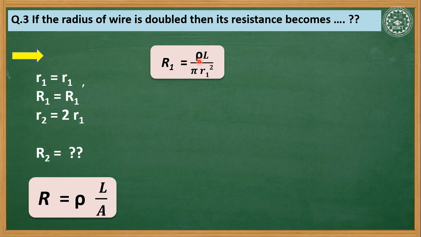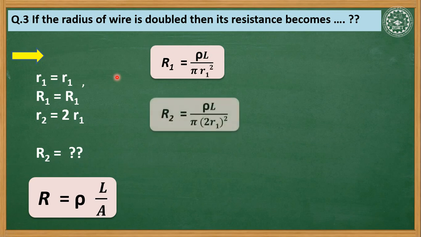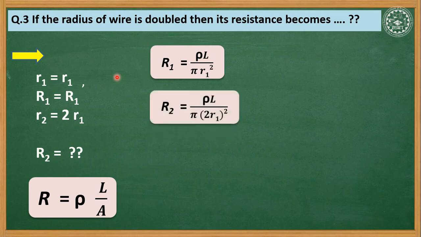L is also constant. Now resistance for second wire, means the wire whose radius is doubled, is rho L upon pi 2R1 squared.